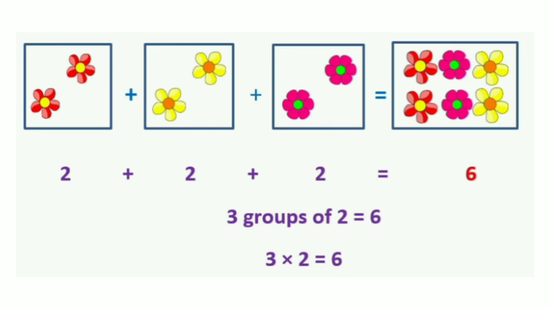This can also be written as 3 groups of 2, because here flowers are kept in 3 groups and in each group there are 2 flowers. So 3 groups of 2 is equal to 6. This can again be written as a multiplication fact: 3 into 2 is equal to 6. So this is how we create a multiplication fact out of a repeated addition statement.